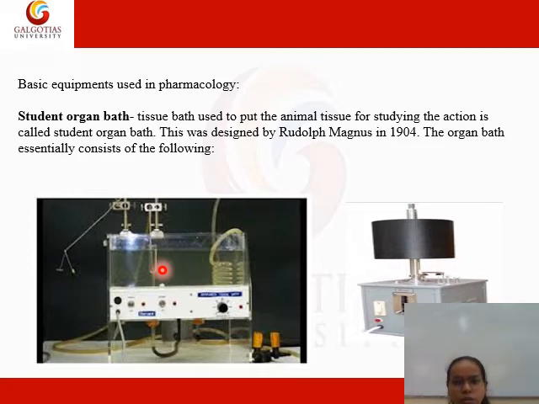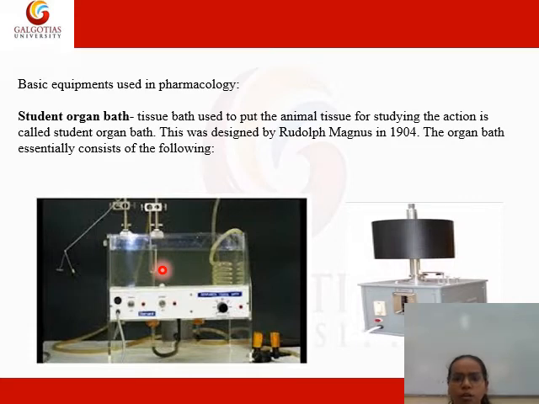A student organ bath having two units of inner bath is called a unit organ bath. This was first designed by Gaddum. The inner organ bath is of different sizes. A large bath, with a capacity varying from 20 to 50 ml, is mostly used in laboratories.